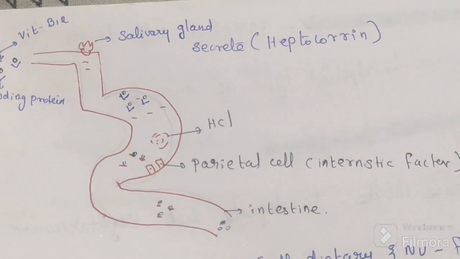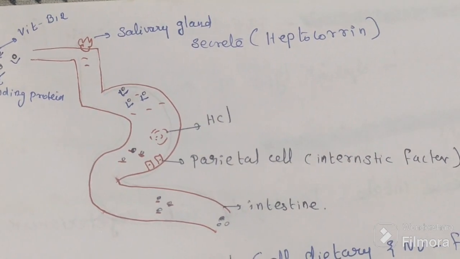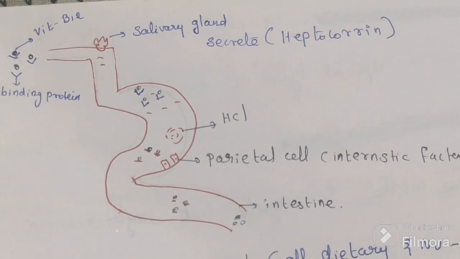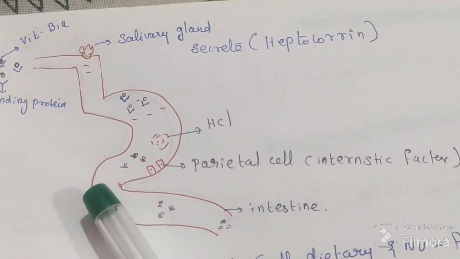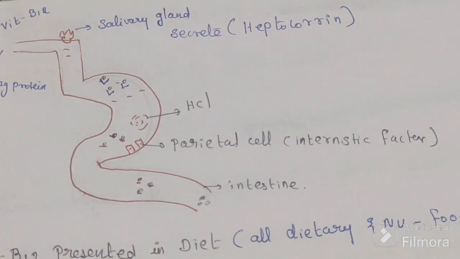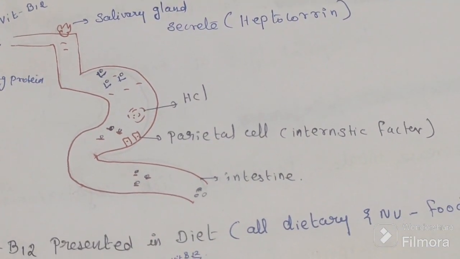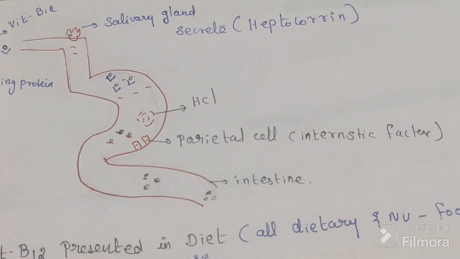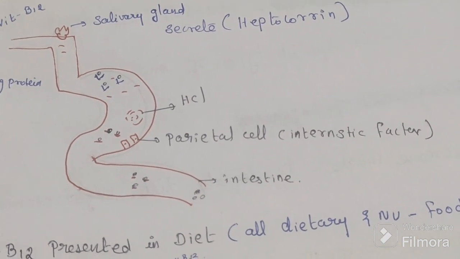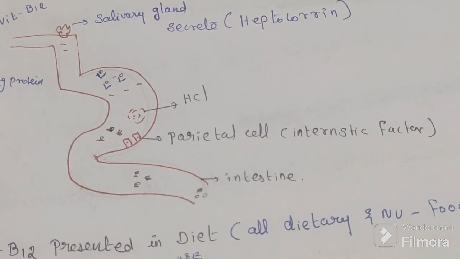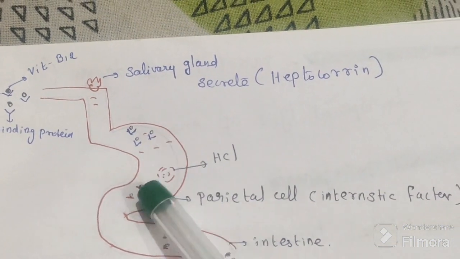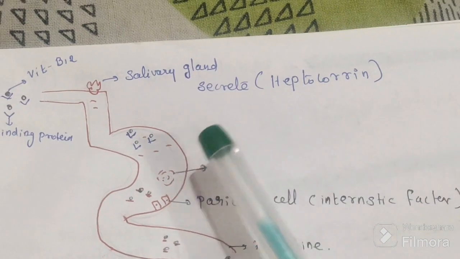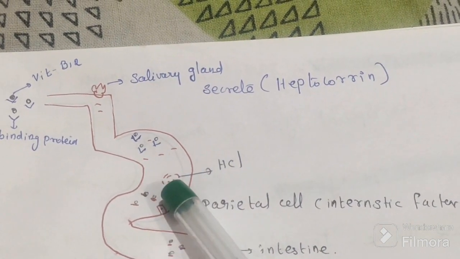The parietal cell secretes intrinsic factor. In the intestine we have an alkaline medium, so the bond is broken. Vitamin B12 is separated from haptocorrin, and now it binds with intrinsic factor. Only after HCl do haptocorrin and vitamin B12 bind.